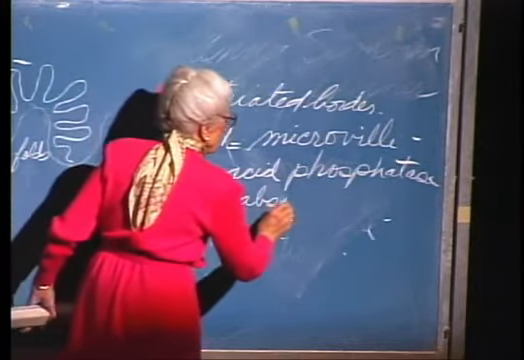So very important ingredient. Now, with these villi, at the base, we have what are called the crypts of Lieberkühn. Crypts of Lieberkühn are down at the base.